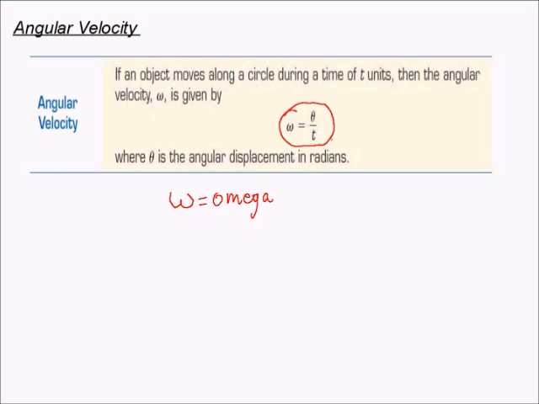Not W, omega. Omega is equal to theta over t. Remember, theta is going to be your central angle, your angular displacement. You're going to be given your angular displacement in revolutions, and you need to change that to radians. But anyway, here's the formula right here. You need to know what theta is, and you need to know what time is.